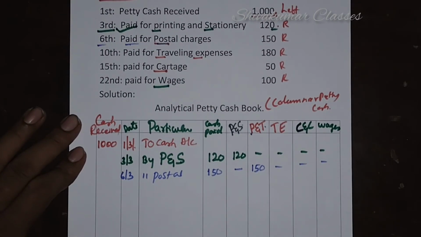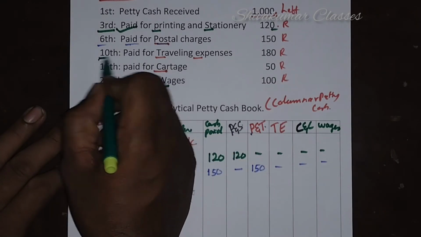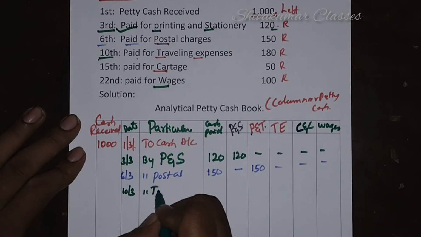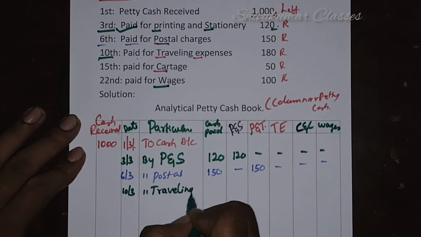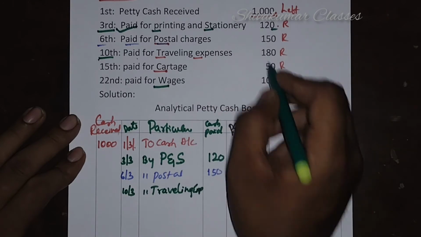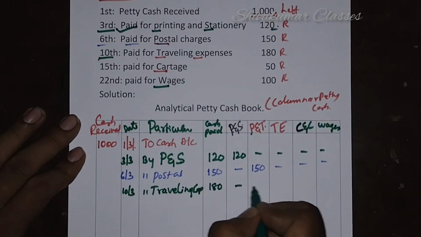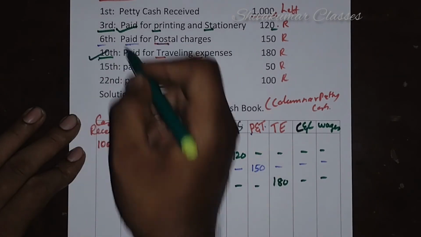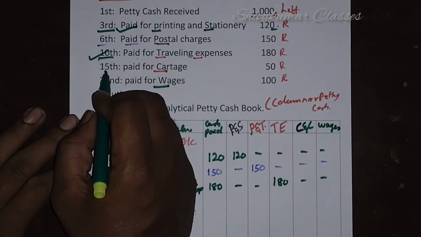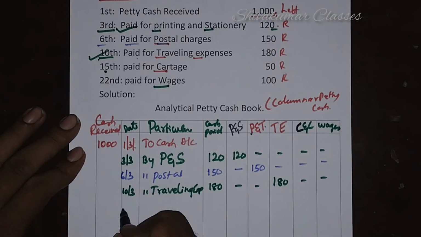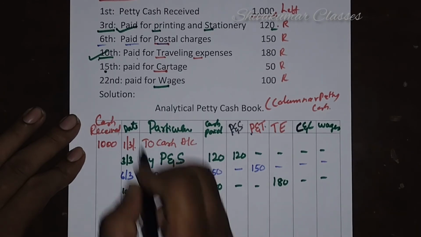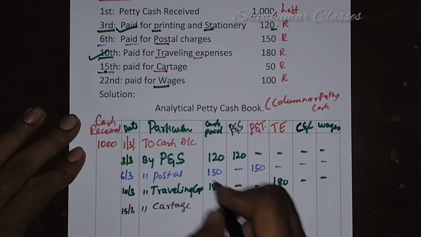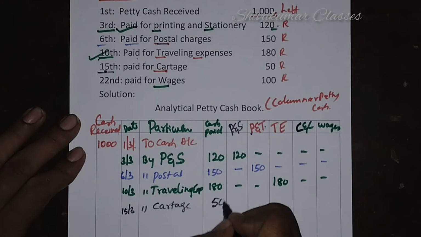Coming to the third one: on 10th March paid for traveling expenses, the amount is 180. So in the traveling expenses column 180, and dash in the others. After that, the date is 15th March. I spent the amount for cartage, the amount is 50.